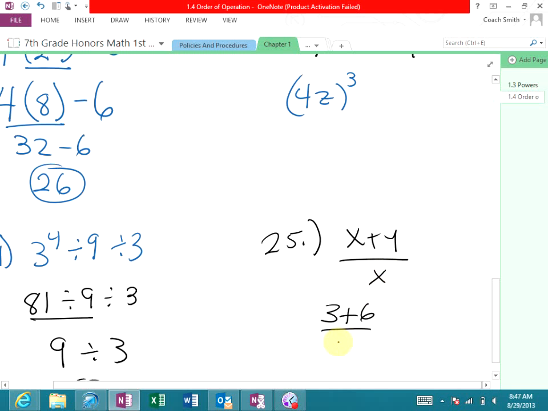Make sure you copied the problem correctly. Okay, it was x plus y over x.